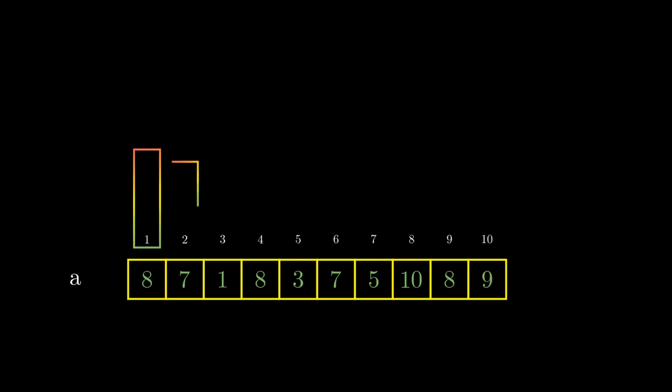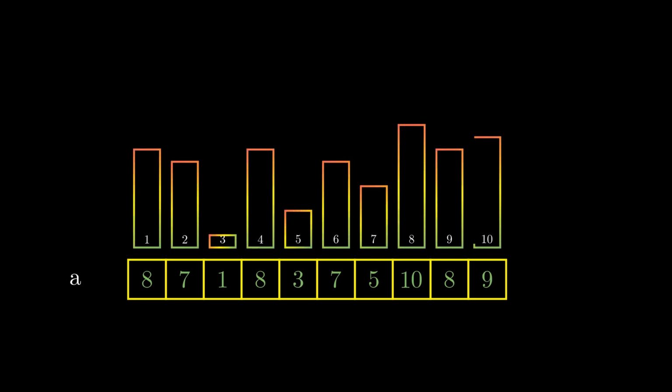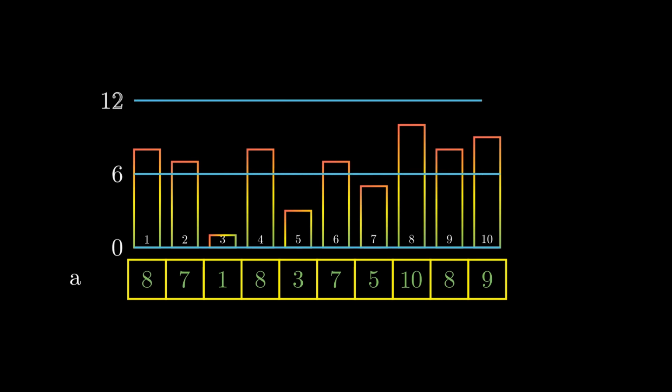Let us represent the elements of the array by corresponding heights. The question says that each element of the array must be a multiple of k, so let's mark multiples of 6 on this height scale. In the end, all of the bars must touch one of the horizontal lines of the multiples of 6.